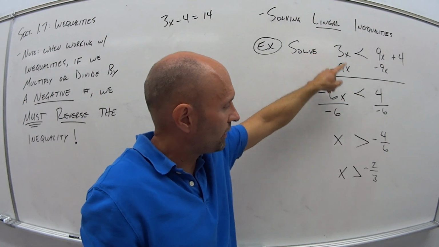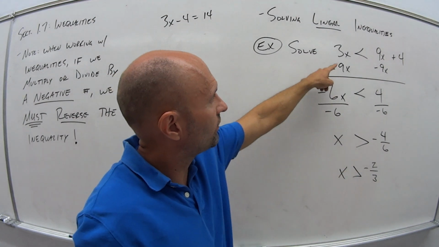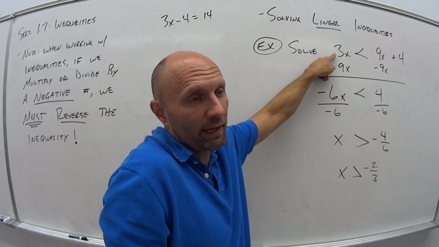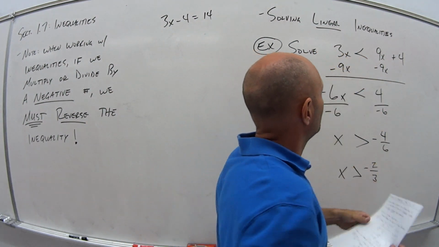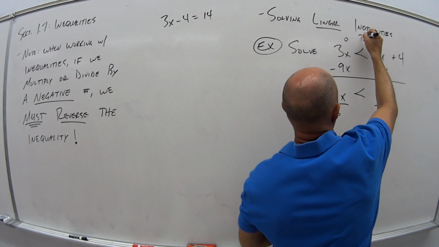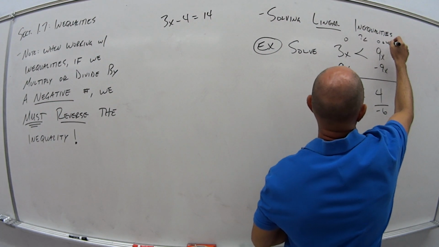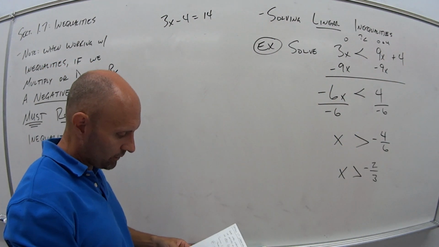And so you can check your answer. What's a number bigger than negative 2/3? Well, how about 0? So check 0. We choose 0 if we can because it's easy. So 3 times 0 is 0, is less than 9 times 0 is 0, plus 4. Is 0 less than 4? Yes, it is, so I'm pretty confident that's my answer.